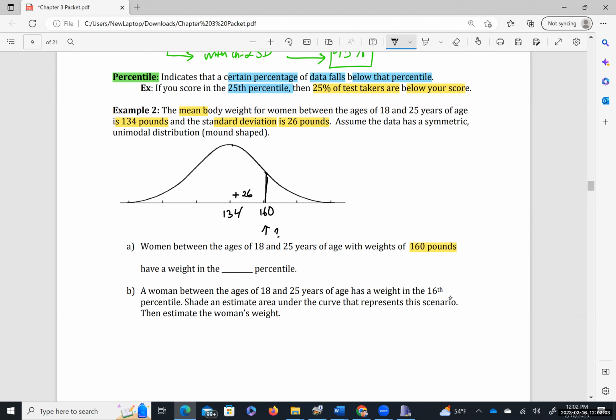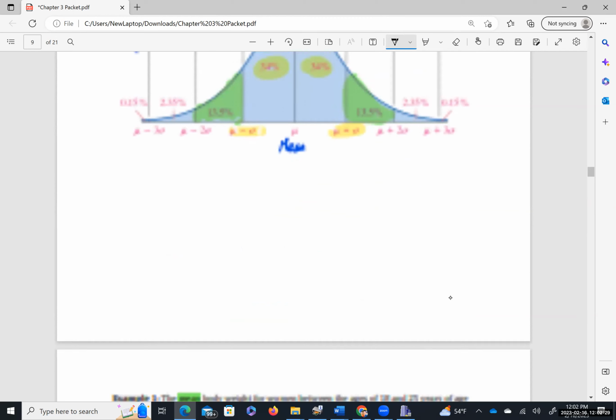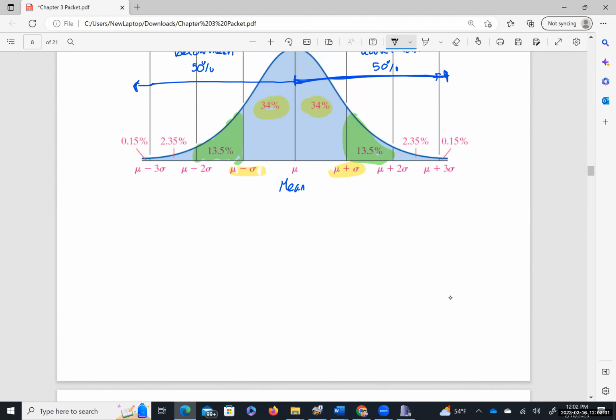So first, let me use the other color. The first half for one standard deviation is going to be 34%. Everyone should remember that, right? 34%, right?